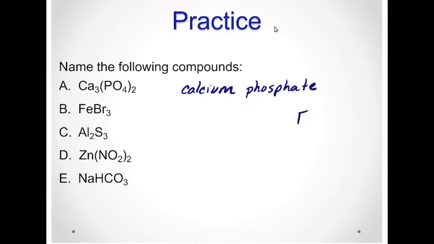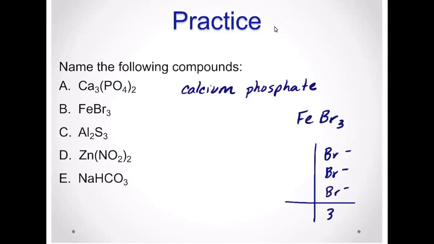So we do what we did before, and it's a good idea to make these charts until you're good at it. The formula tells me I have 3 bromides. Bromides are -1 because they are halogens, so that's 3 minus. I only have 1 iron, so it has to carry the full 3 plus charge, and that is my Roman numeral, 3. So the name is iron 3 bromide.